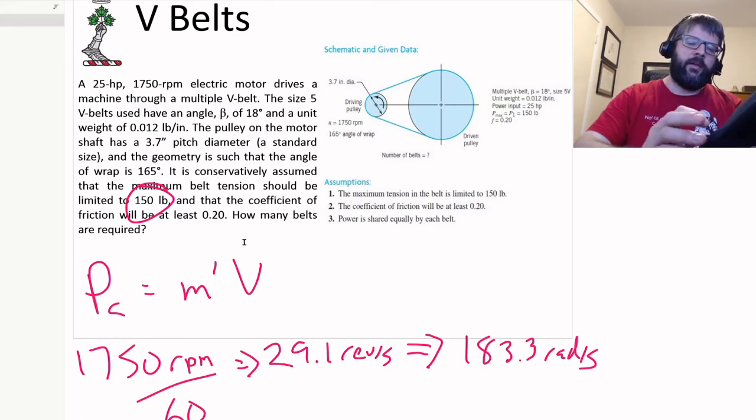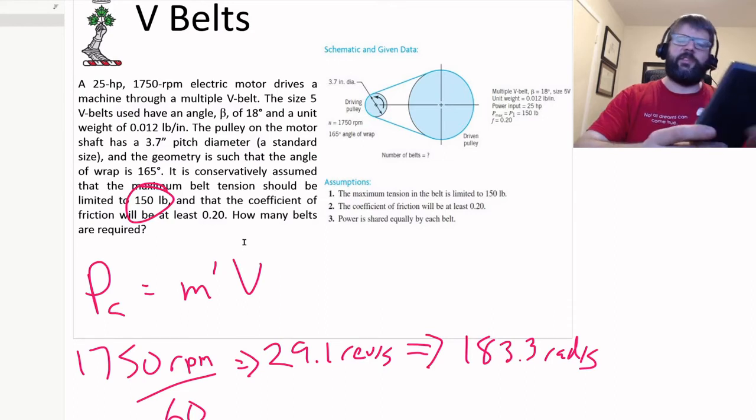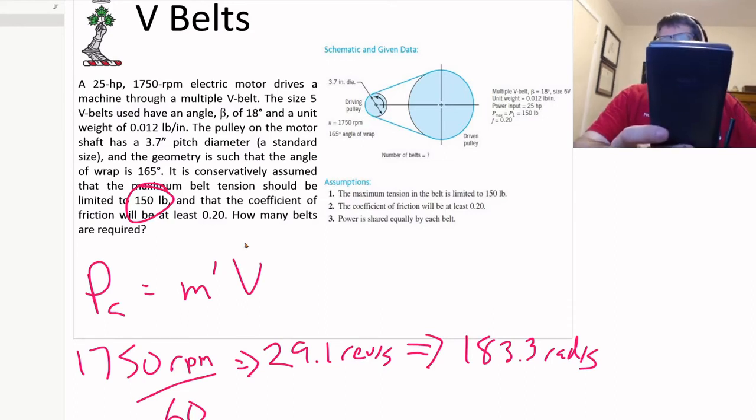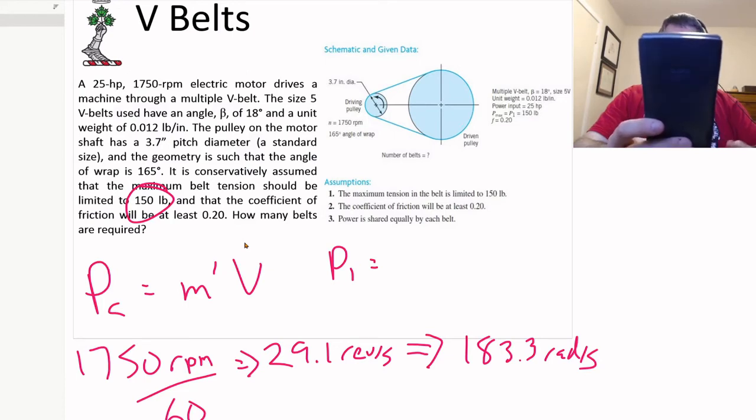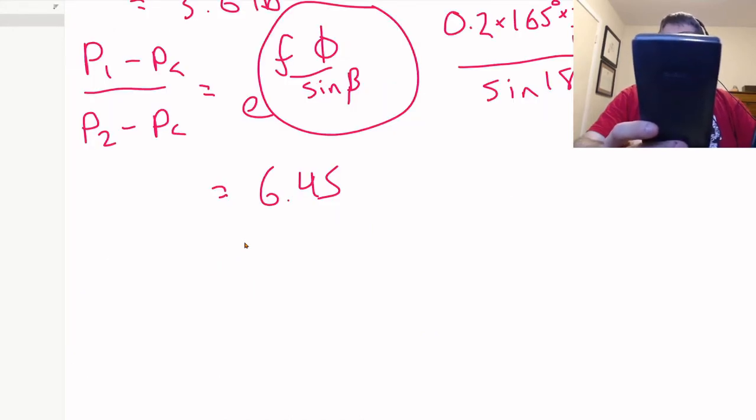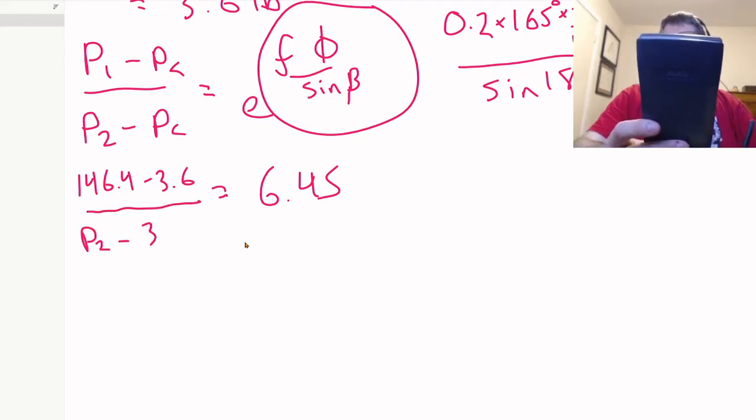So 150 minus 3.6 gives us a maximum P1 of 146.4. So 146.4 minus 3.6 divided by P2 minus 3.6.